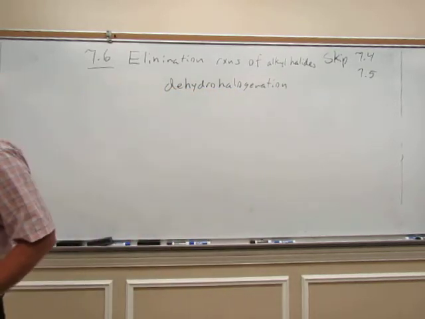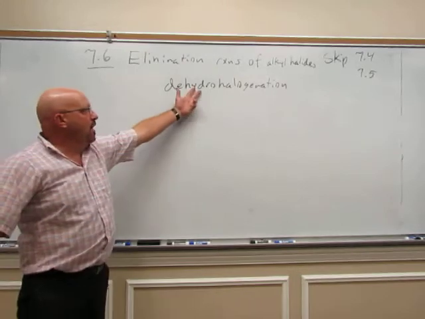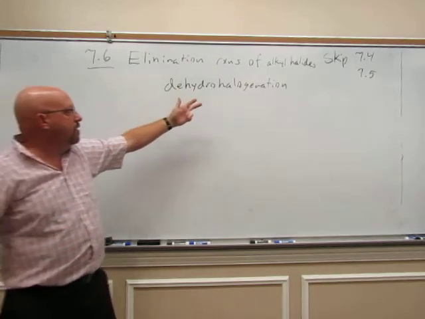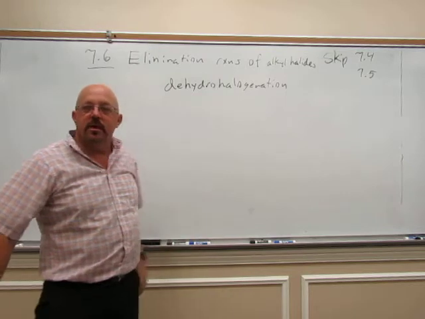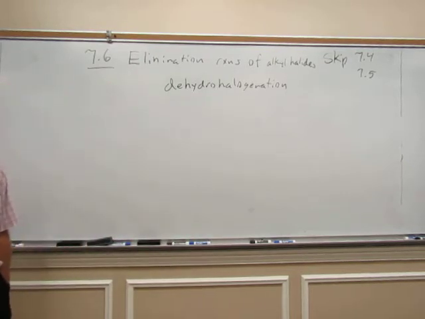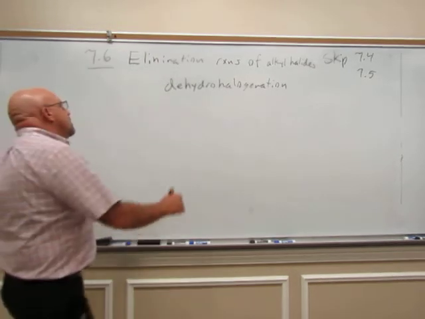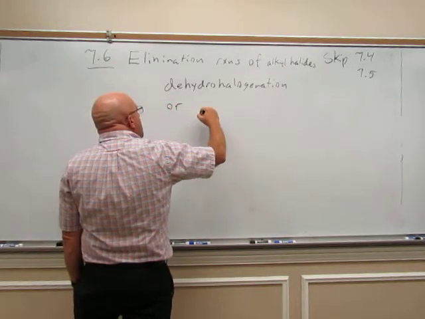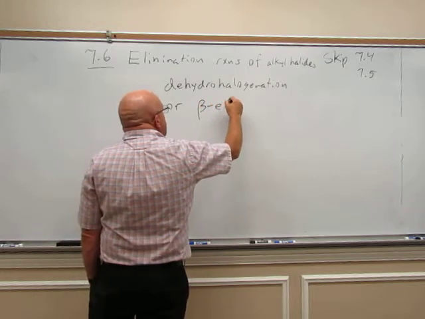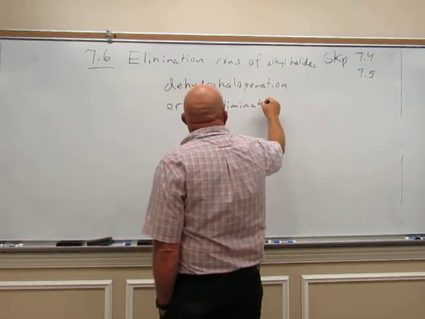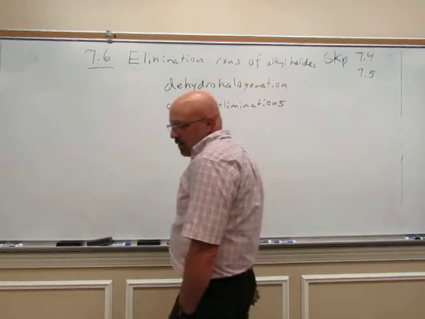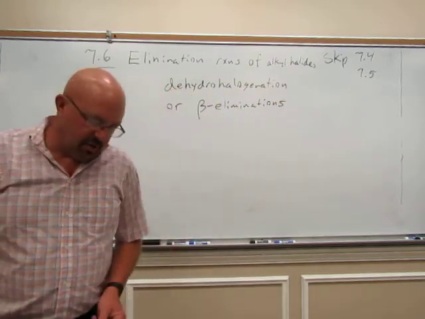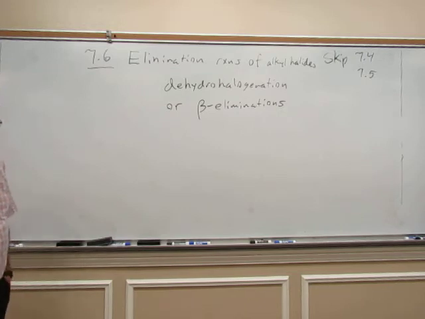D means you're removing something. We're removing a hydrogen. The hydro is for a hydrogen and a halogen atom. So it's called a dehydrohalogenation. We're removing a hydrogen atom and a halogen atom. Removing an HX out of the molecule. These are also called, and you'll see why, beta eliminations. So a dehydrohalogenation reaction, or often called a beta elimination.